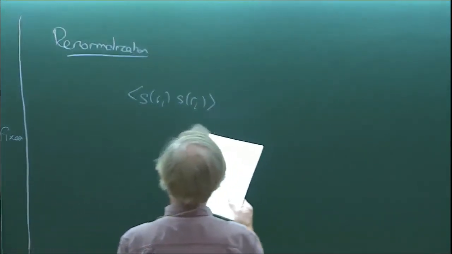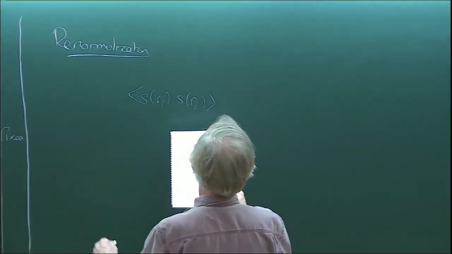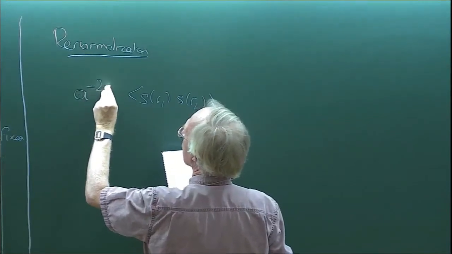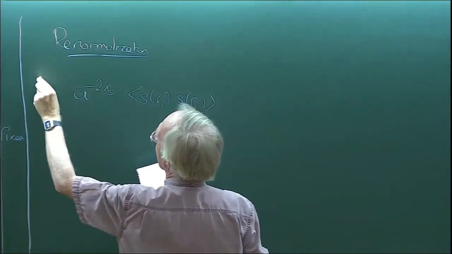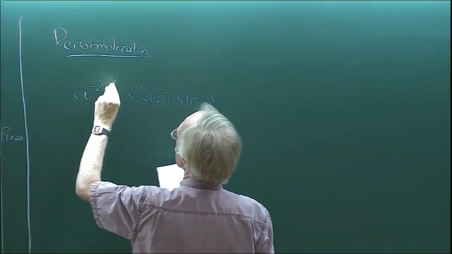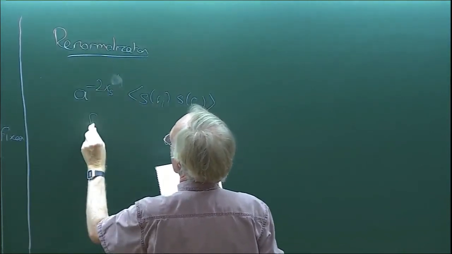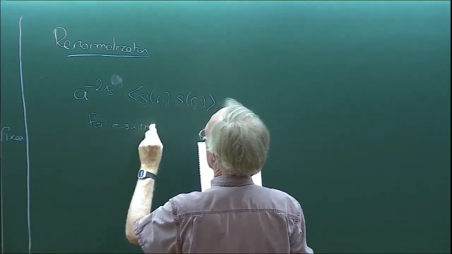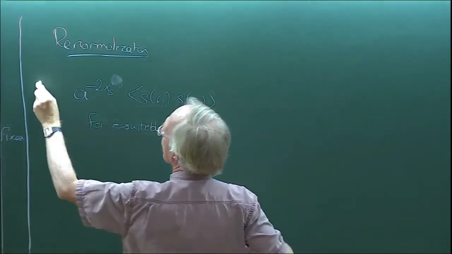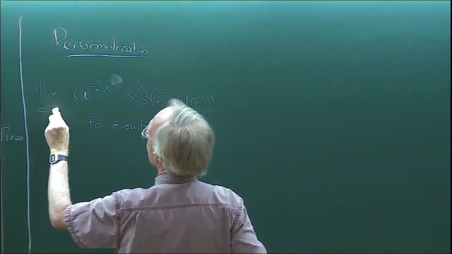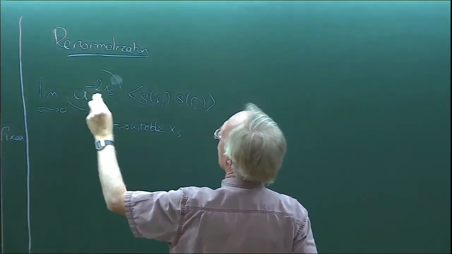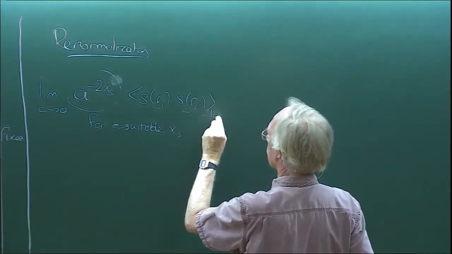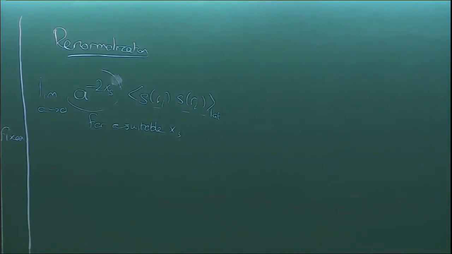It doesn't have a finite limit, but if we multiply by a suitable power of a, which is a to the 2 minus x_s, for a suitable x_s, then the limit as a goes to 0 of this power times the lattice correlation function exists.